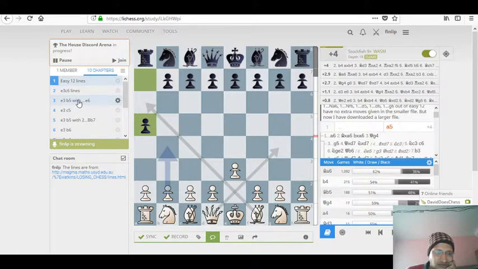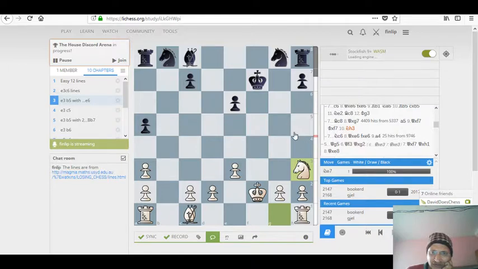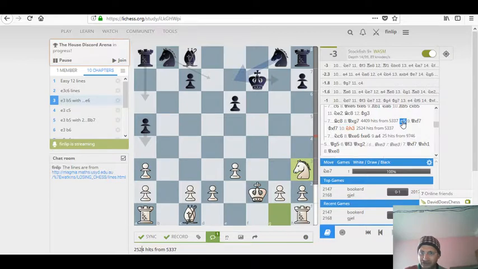It is in the e3 b5 e6 lines. After move e3 in this exact position after knight h3, there are, let's say, 2524 hits from 5337. So that's about a5.